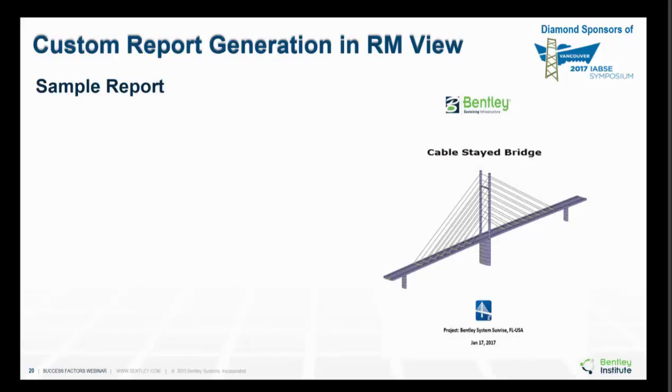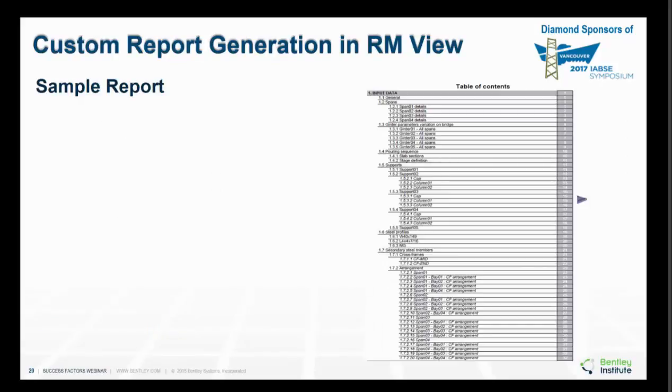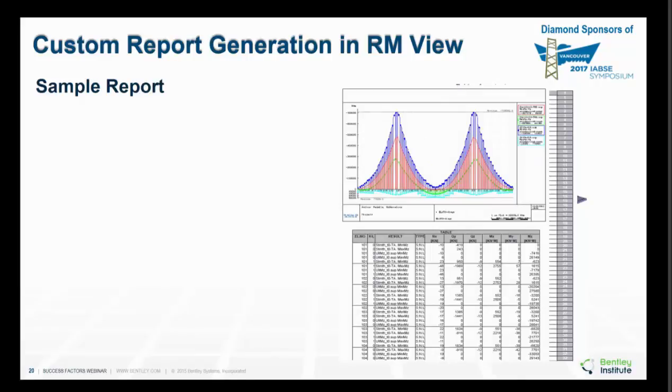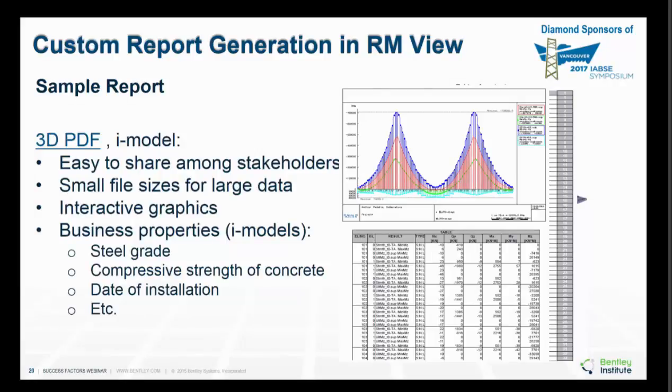As an example, here is the cover page for your sample report. You have the table of contents with the page numbers, and then you have the results as diagrams and tables and so on. As I said, you can get the 3D PDF or iModel, which has big advantages.